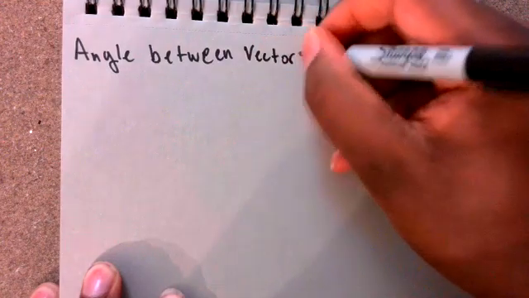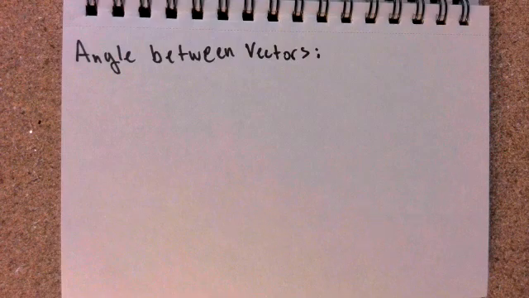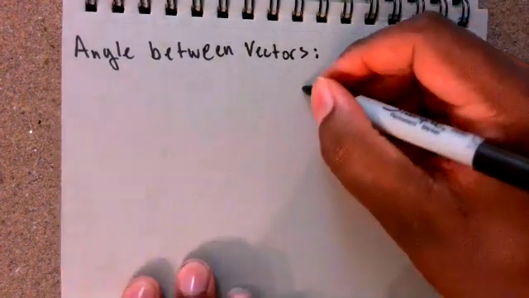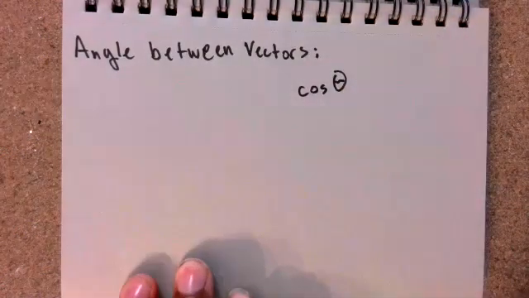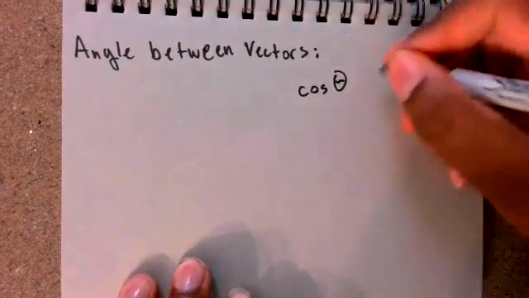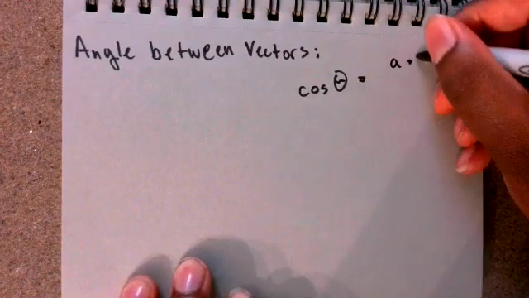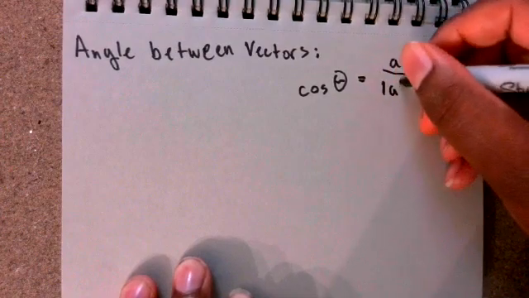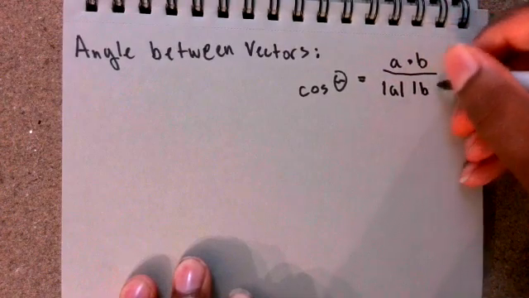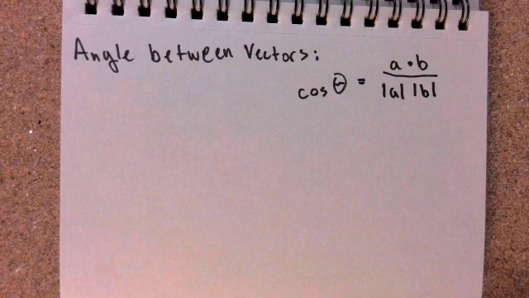For this, we have this quick theorem: cosine theta equals a dot b, of course talking about the vectors a and b, over the magnitude of a times the magnitude of b. That's it.